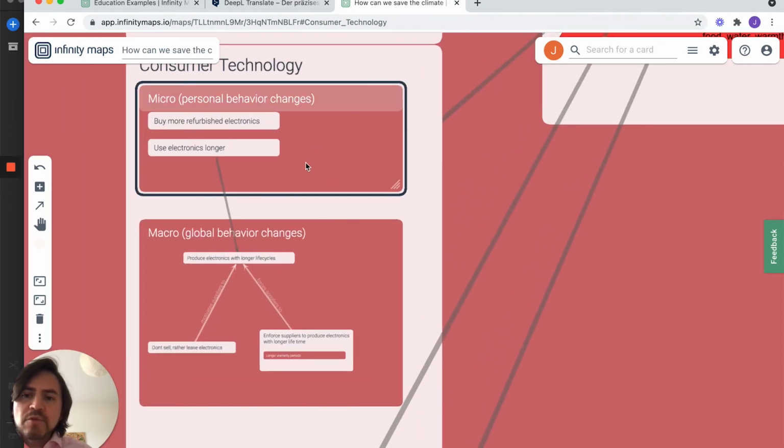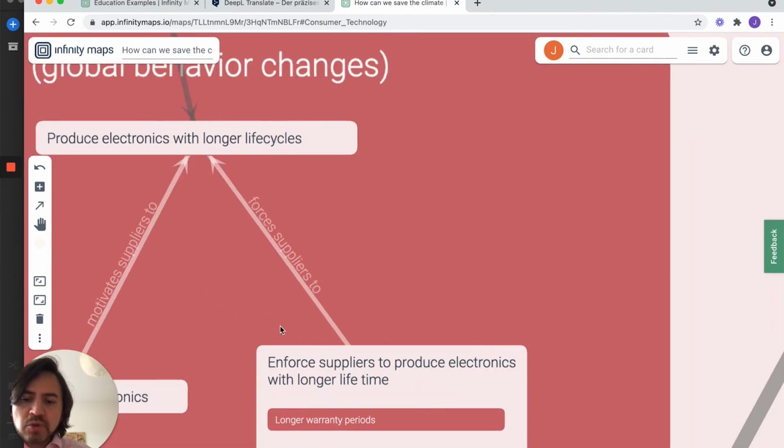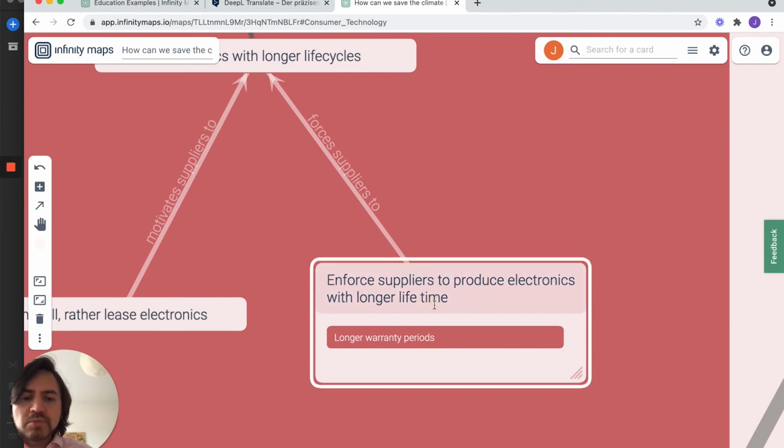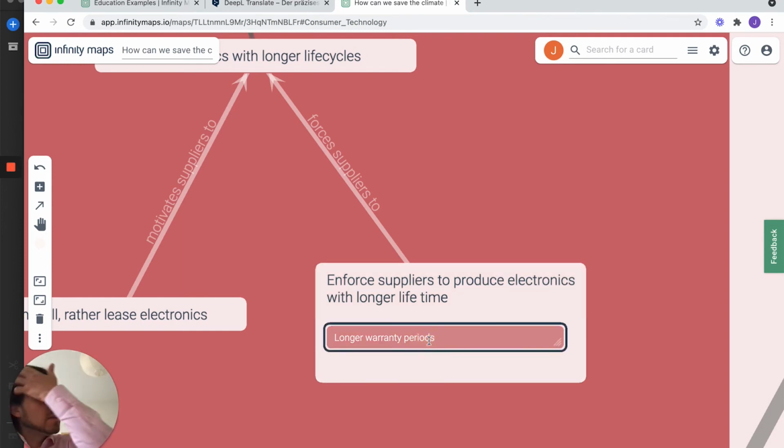On many levels, we found out that there is personal stuff that you can do, and we described that as micro. And then there are also macro changes. For example, a macro change would be that lawmakers enforce suppliers to produce electronics with a longer lifetime. A lawmaker can tell you, okay, from now on you have to guarantee 5 years of warranty for your iPad.